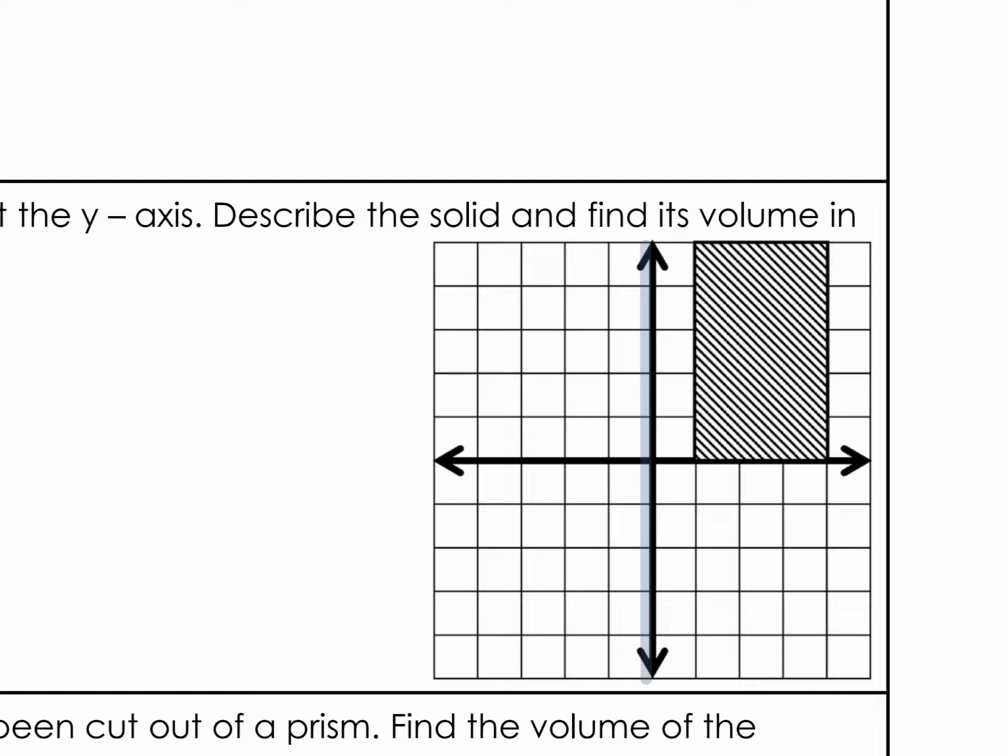Okay, and I'm going to highlight a little bit more over here so I can see it clearly. And so what I do with this is, because I know I'm going to revolve it around this line, I'm going to draw a mirror image on the other side.